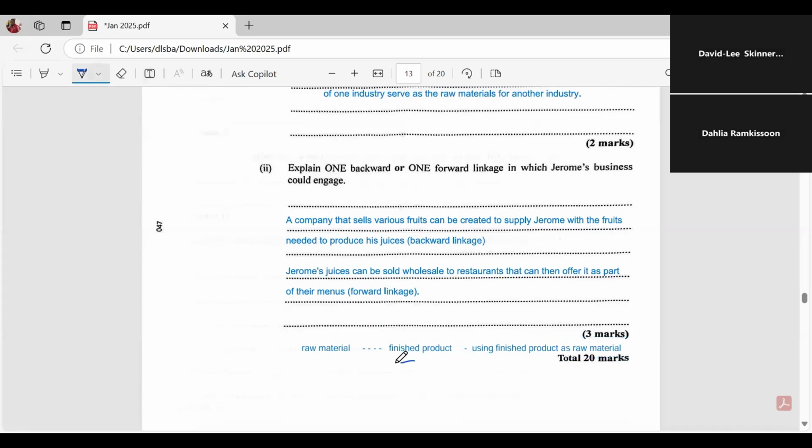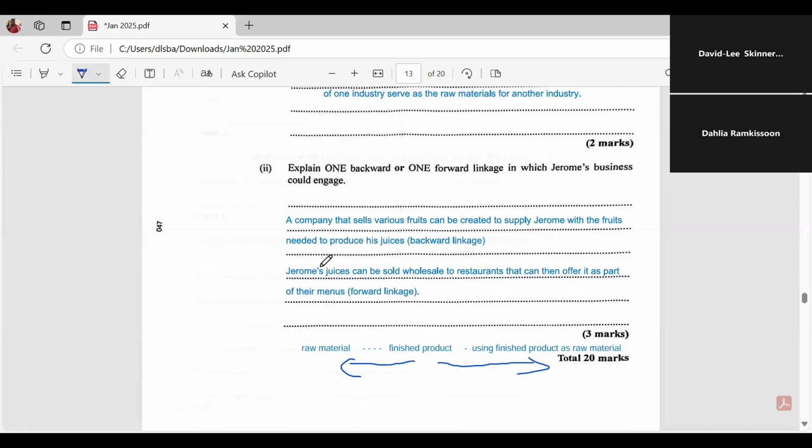So if it's going this way, you have the finished product and the business offering raw material for the finished product, that's backward linkage. If you have a finished product and somebody using your finished product as raw material, that is forward linkage.